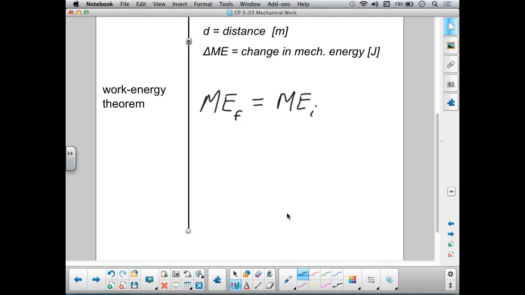Initial just means beginning, plus the work done on the object. So MEI, the initial mechanical energy, is whatever total mechanical energy I have at the beginning. If I do some work on that object, I might be giving it more energy, and whatever energy I give to it, it has that as its final mechanical energy. So we can see that work, or mechanical work, is what can change the total mechanical energy of an object.